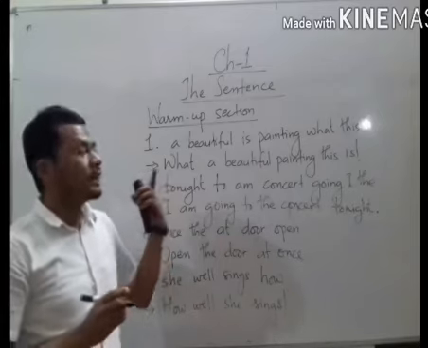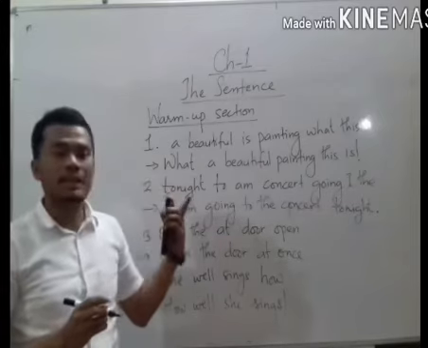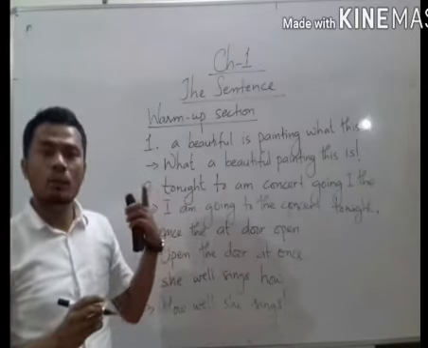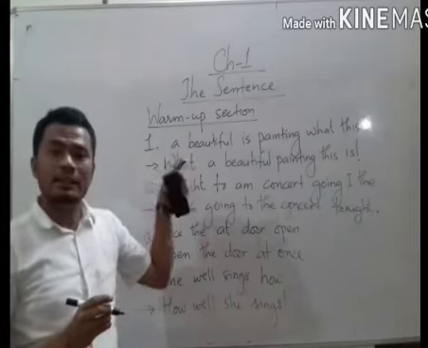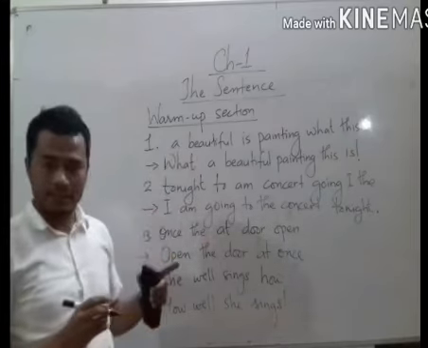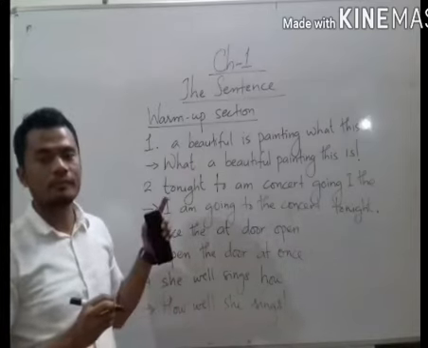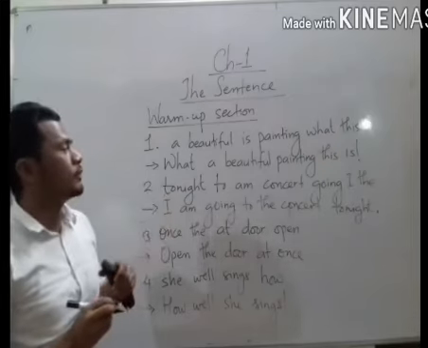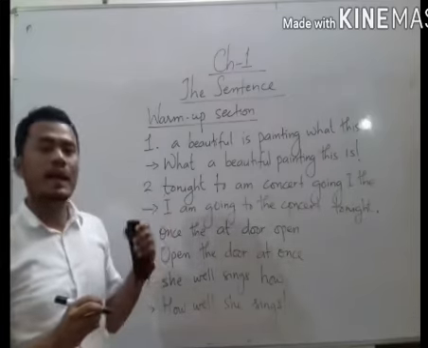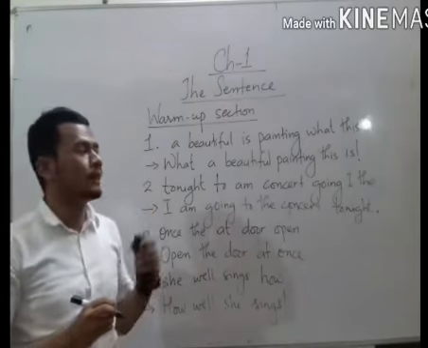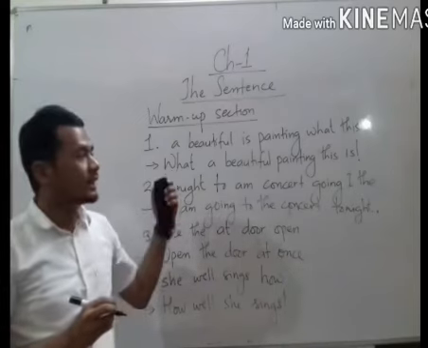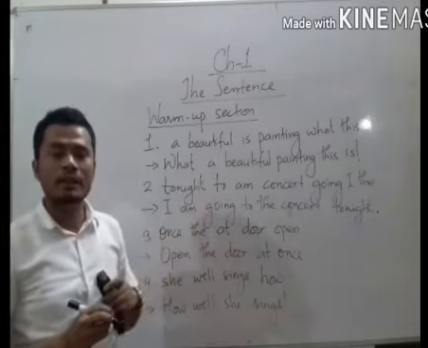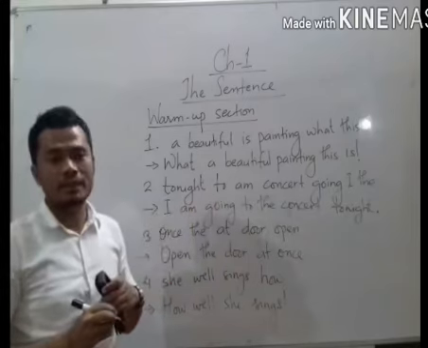Now if we rearrange these words and keep each word in its correct place, then we can write this group of words as a complete sentence. The right answer will be: What a beautiful painting this is! The correct sentence ends with an exclamation mark, so it is an exclamatory sentence.